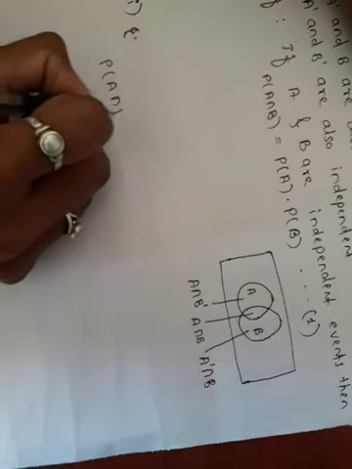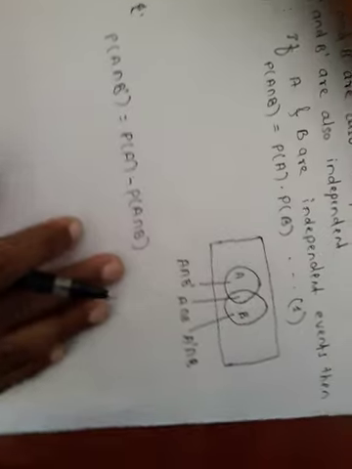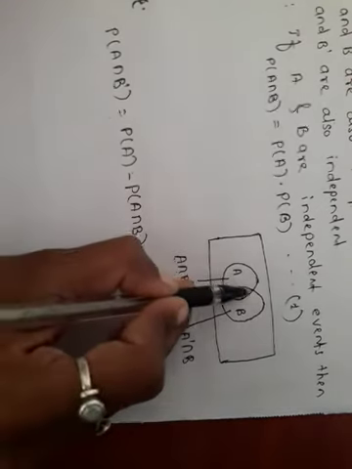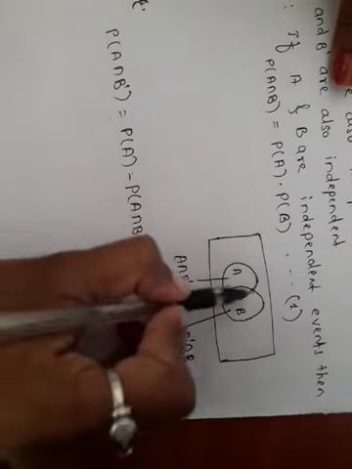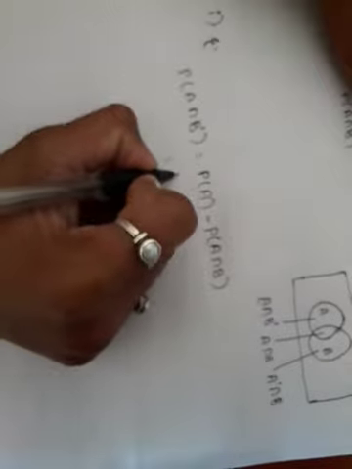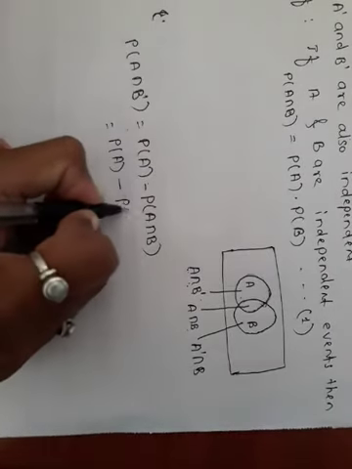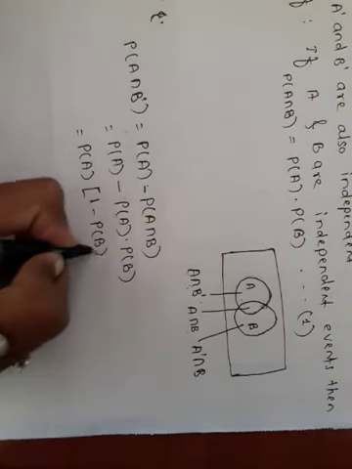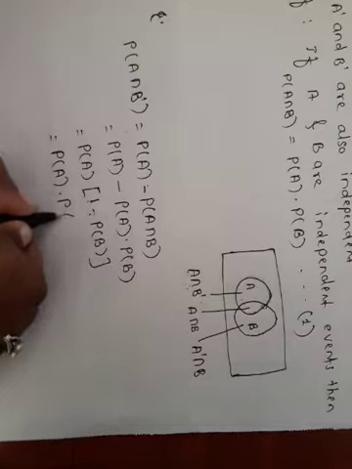So first condition is P of A intersection B dash is equal to P of A minus P of A intersection B. This is the whole P of A minus this P of A intersection B. This term is the whole P of A intersection B complement, which is equal to P of A minus, from equation 1, P of A intersection B is equal to P of A into P of B. Take common P of A, which is 1 minus P of B, and 1 minus P of B is nothing but P of B complement.